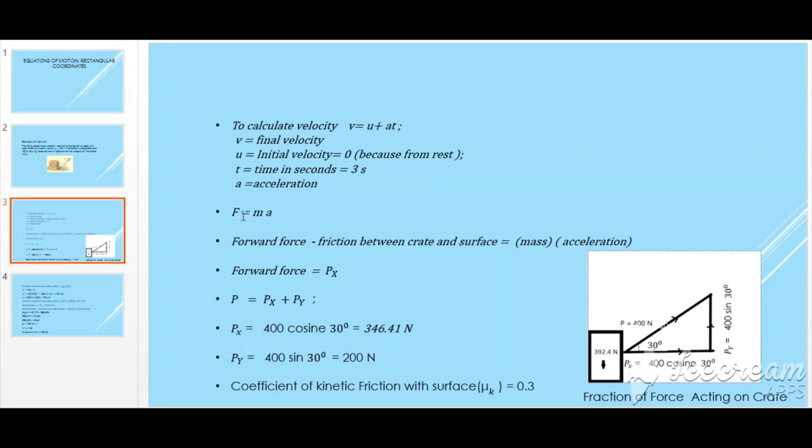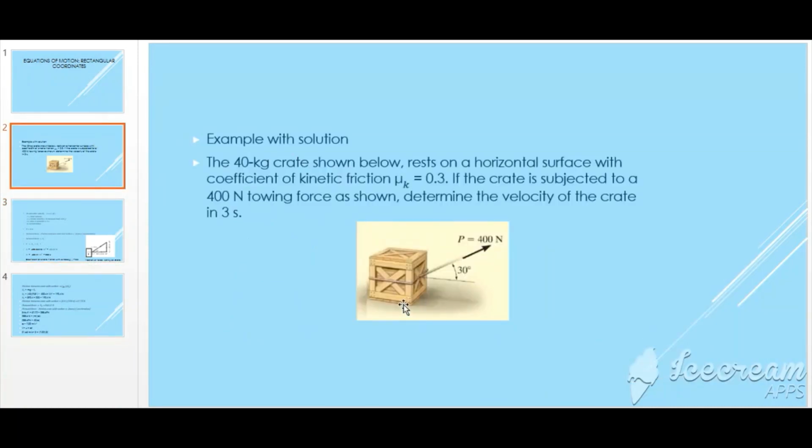velocity. So F equals ma is the equation of motion of Newton, where F is the actual force acting on the crate, m is mass and a is acceleration. Forward force minus friction between the crate and the surface, the surface here being what the crate rests on.